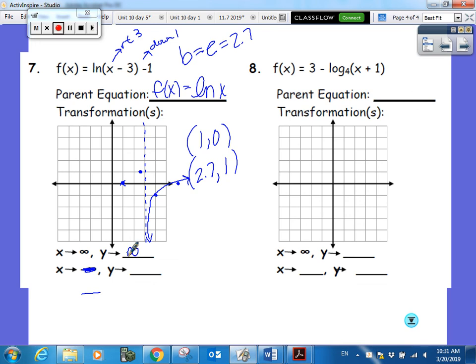As x approaches, that should be a blank right there, not a negative infinity, so it should be 3. It's always the asymptote. Okay, that number right there is always the asymptote, and y is either going to be positive or negative infinity. So on logs and natural logs, y is always going to either approach positive or negative infinity, and this little number is always going to be the asymptote.